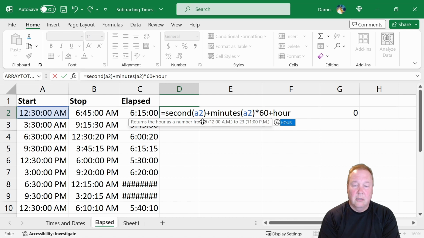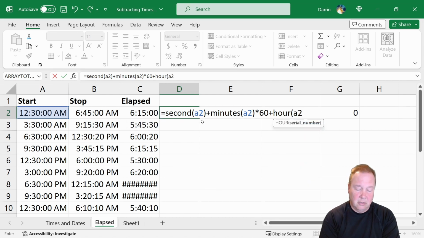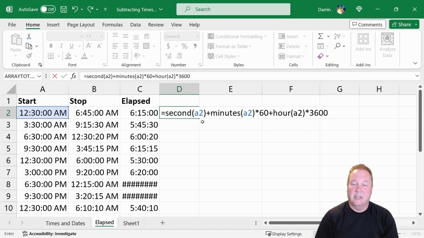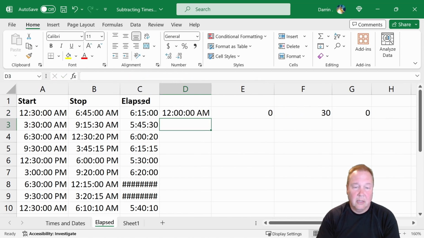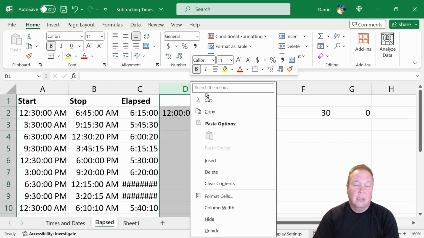plus hour A2 times 3,600. And 3,600 is 60 times 60, 60 seconds in a minute, 60 minutes in an hour. And then I'm going to get rid of the S on here because that's a typo and change that to elapsed time.